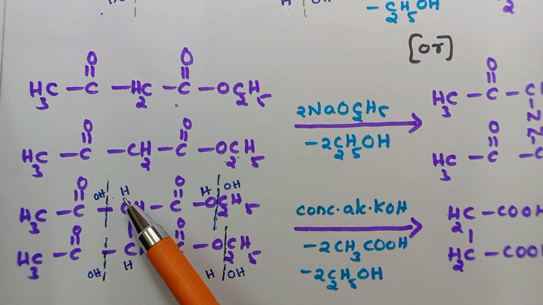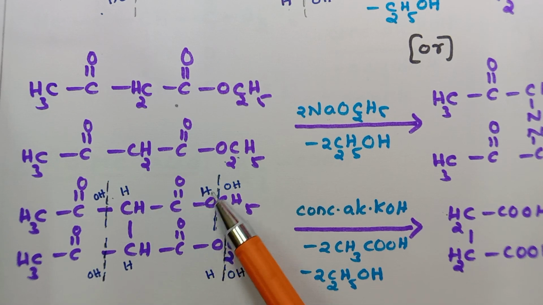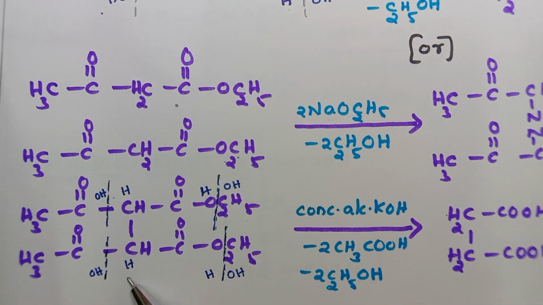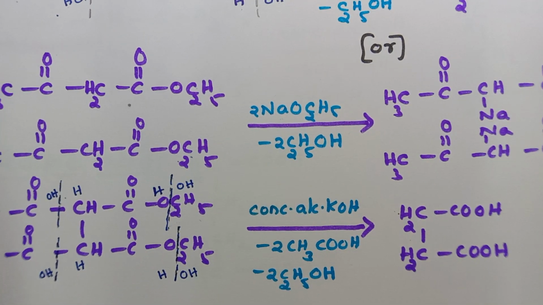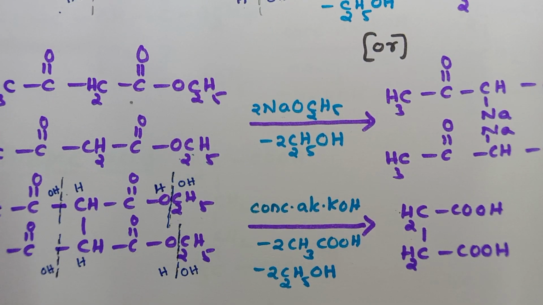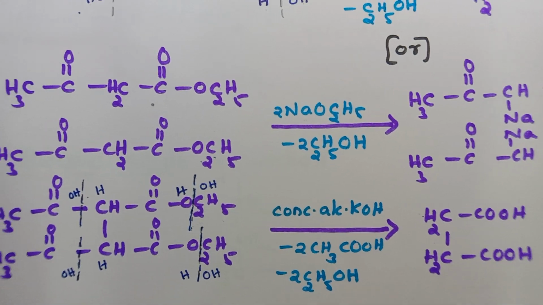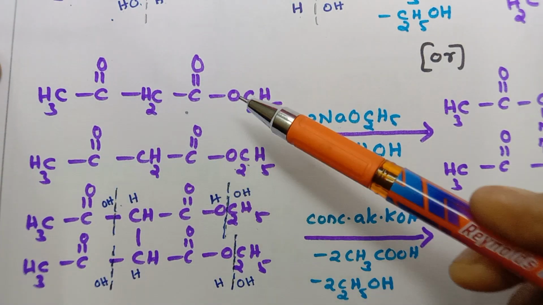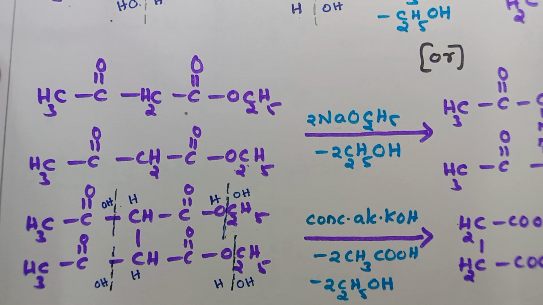So, CH2COOH, CH2COOH. That is our succinic acid. Okay, students. So, this is how we prepare succinic acid following this method, that is taking 2 molecules of acetoacetic ester. Fine. Shall we move on to the next compound, students?